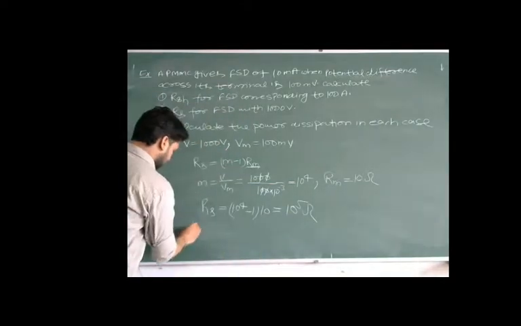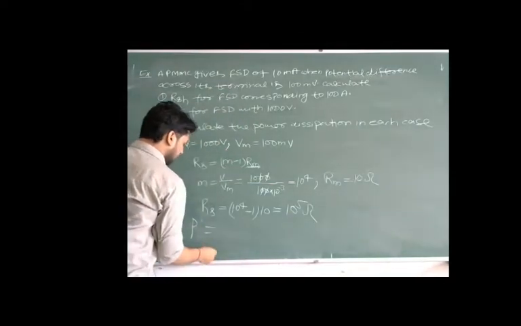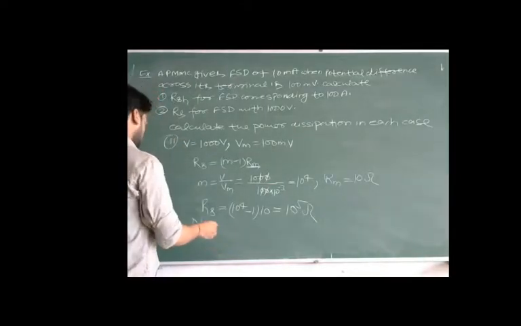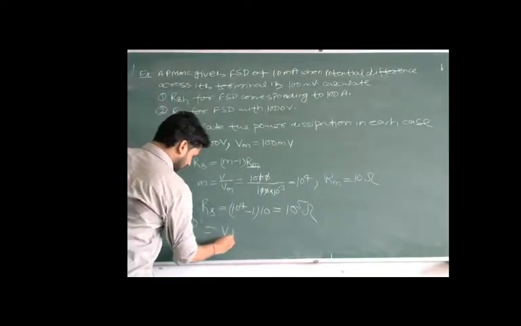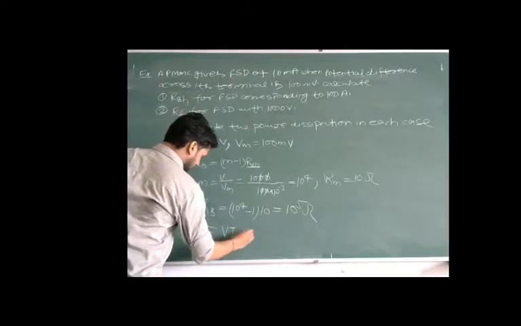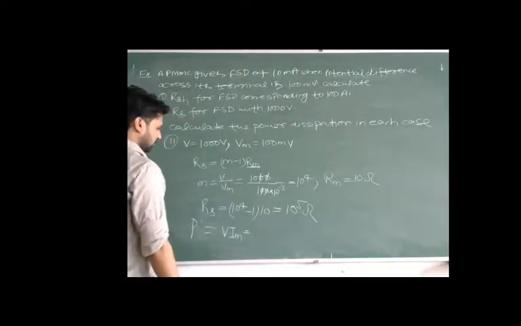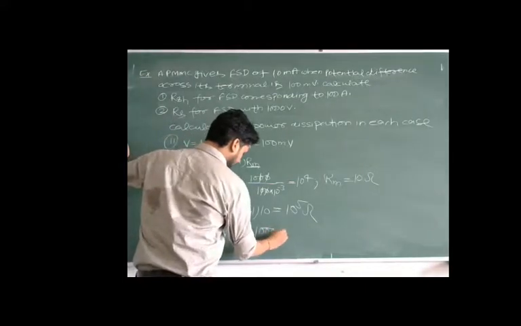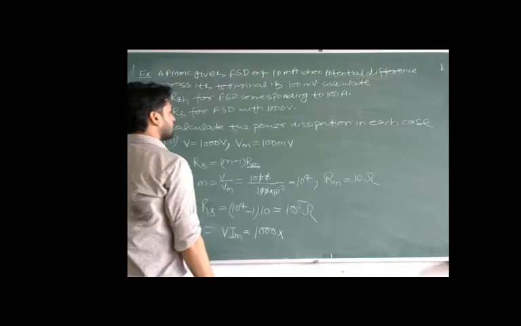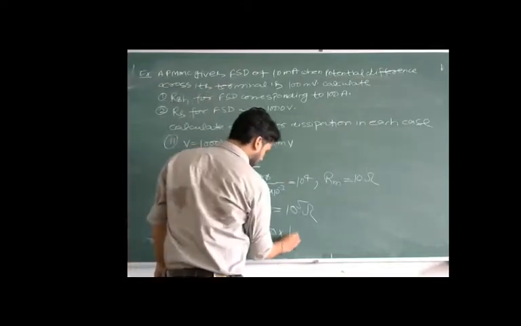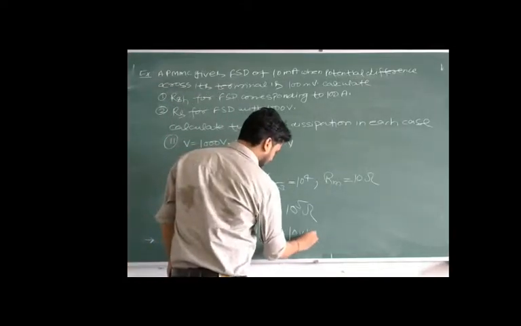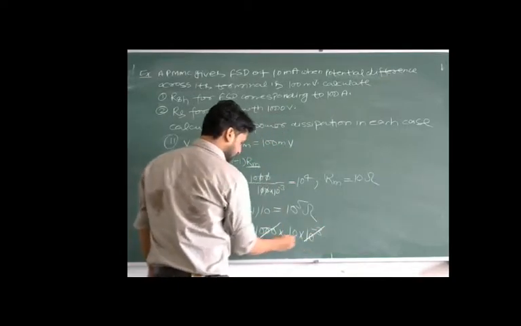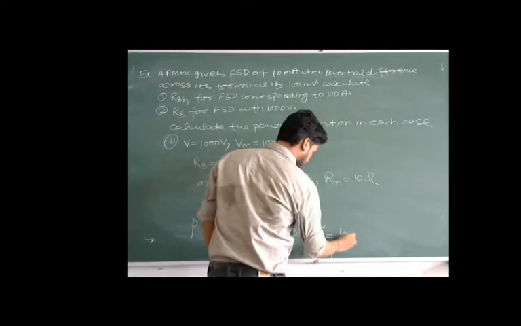And the power dissipation in this case is capital V into Im. Capital V is 1000 volt into Im, 10 into 10 power minus 3. This will be equal to 10 watt.